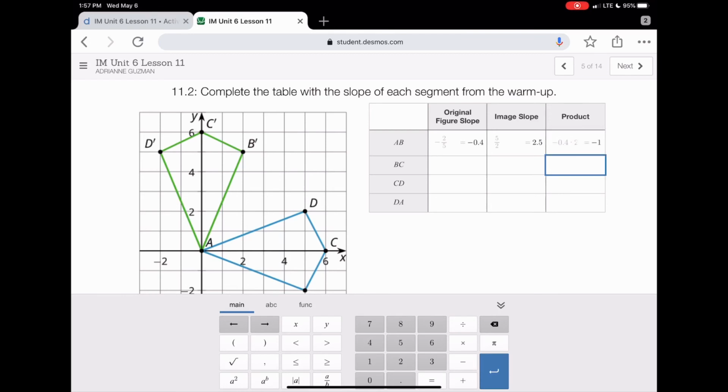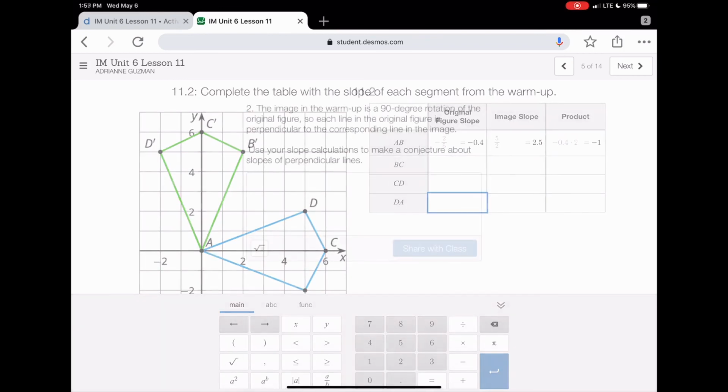Oh yeah, -1. Okay, so you can do it on the side and then just write in the product, or what I did was I took my two slopes, I put them in here, I put multiply. There's a calculator here already embedded in here, so just let this calculate for you, and -1's my final answer. So go ahead and do that for the rest of these.